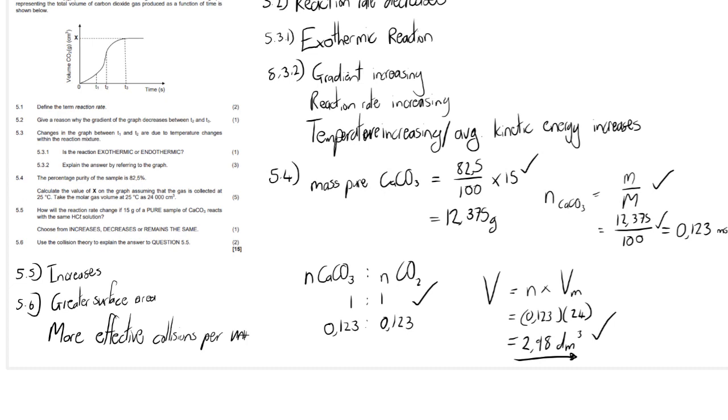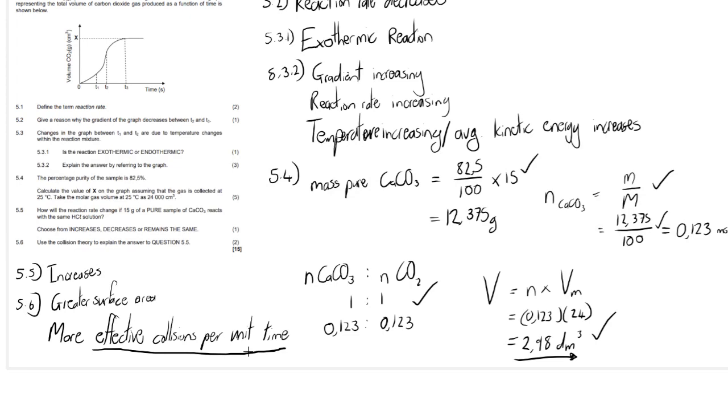Because we are explaining a change in the reaction rate, we need to mention per unit time, and the effective collisions are what make it collision theory. So greater surface area, more effective collisions per unit time. I'd say that whole section is a very important part of explaining changes in reaction rate.